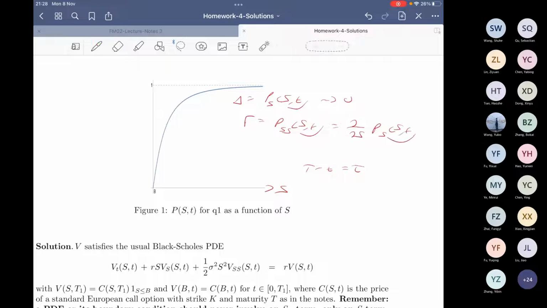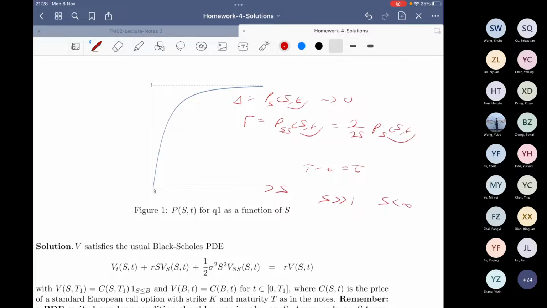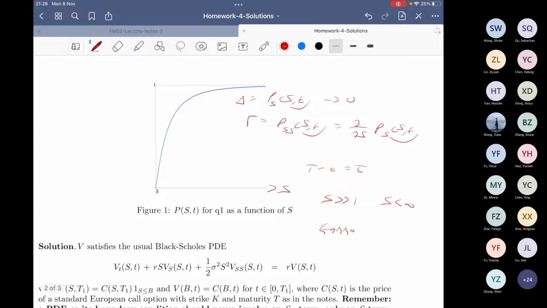So I'm saying if P_S is decreasing, which you can obviously see from the graph, then if something is decreasing, its slope has to be negative, assuming it's differentiable. So for S large, much larger than 1 but not actually infinity, then we can see that the gamma is negative. That's the point I'm trying to convey.